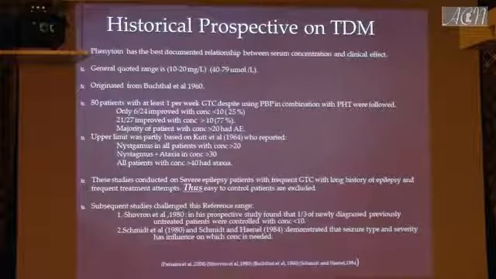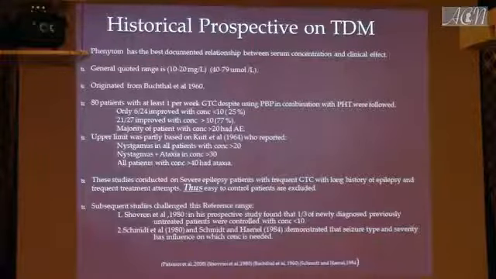So the upper limit was also partially based on Cott et al.'s work, and he said that in patients with concentration more than 20, they have nystagmus, more than 30 nystagmus and ataxia, and all patients above 40 have major side effects. Then the higher therapeutic level should be 20.